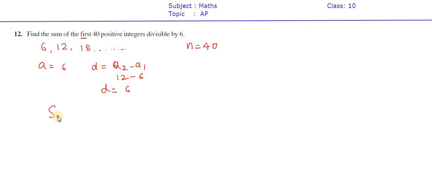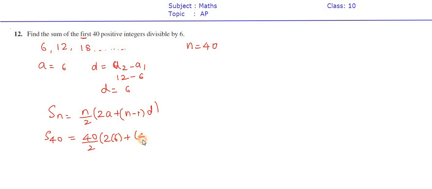Now we know that Sn is equal to n by 2 into 2a plus n minus 1 into d. So S40 is equal to 40 divided by 2 into 2 times 6 plus 40 minus 1 into 6.